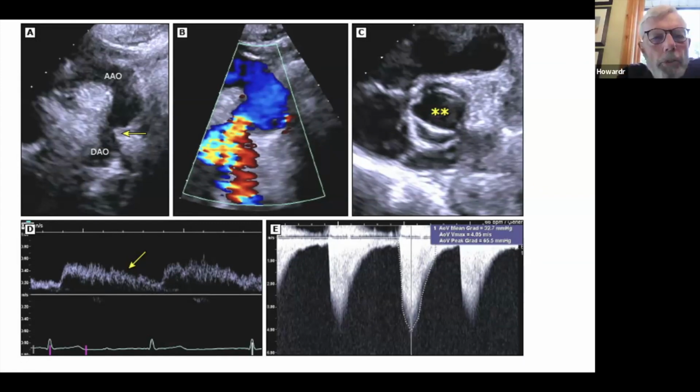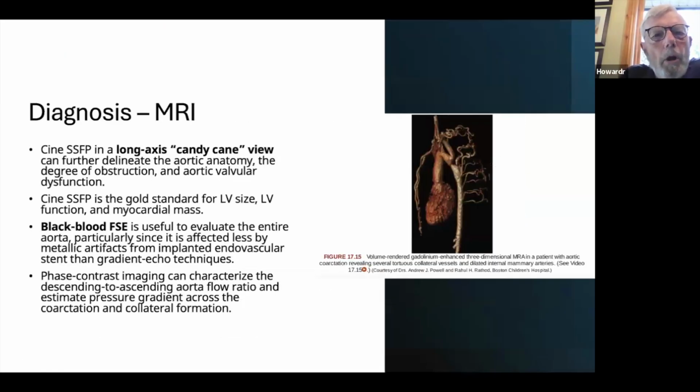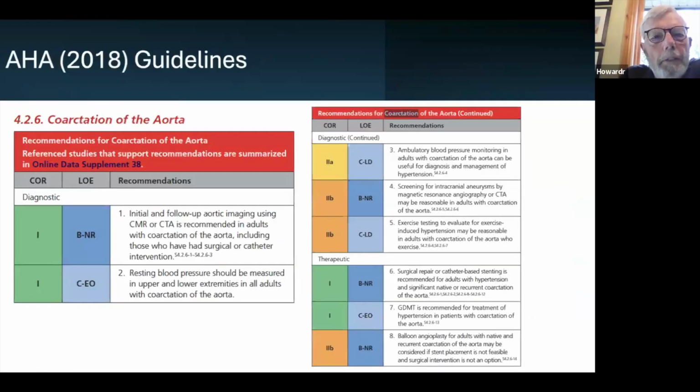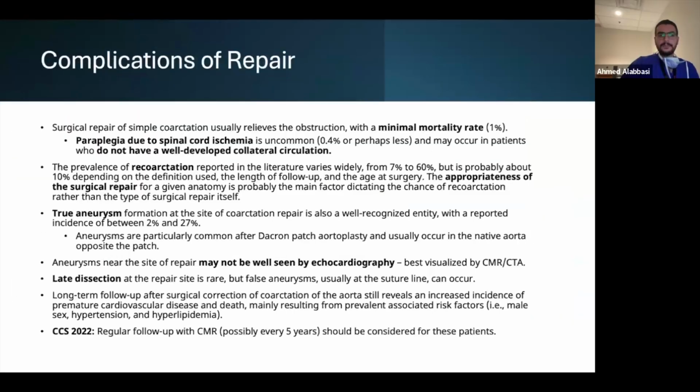My question relates to the kids who at a young age are diagnosed and have, say, a surgical repair. What's the likelihood in adulthood that they're going to be restenosed, given that the repair doesn't grow with the kids? Yeah, so the recoarctation rate in the literature varies quite a bit.